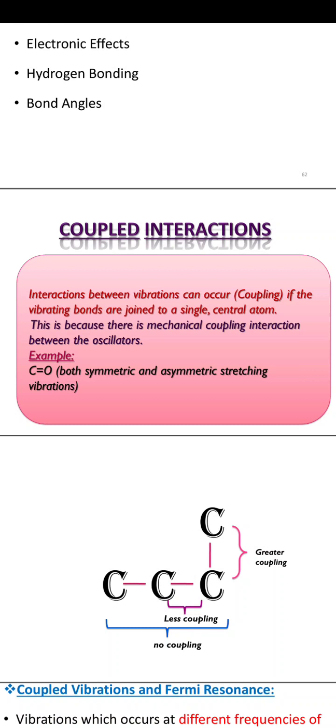In the figure you can see it has been explained. The different carbon atoms are joined. Two carbon atoms that are nearer to each other will have more coupling. Between these two, greater coupling may occur because no more carbon is attached to it.